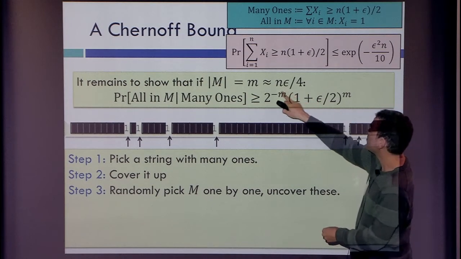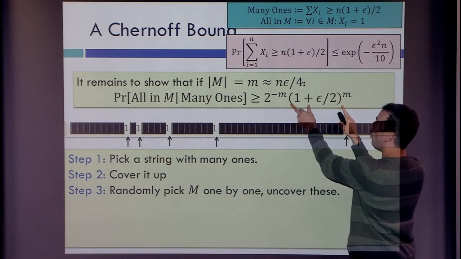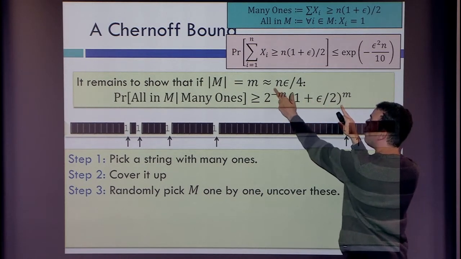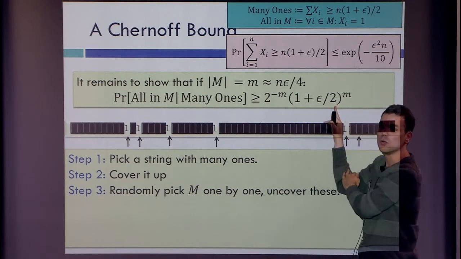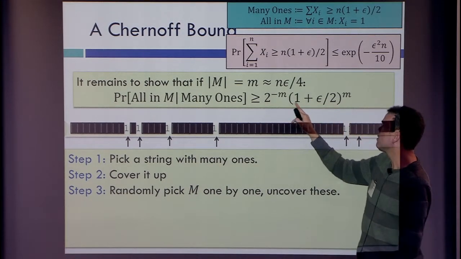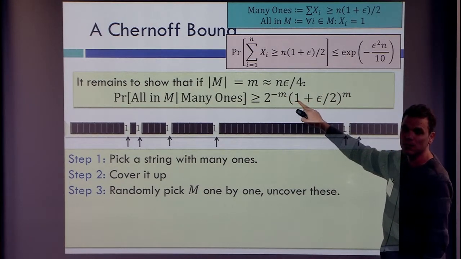Okay, and I picked the parameters so that in the beginning the probability of uncovering a 1 is (1 plus epsilon) over 2, but we only uncover as many so that it goes down to (1 plus epsilon over 2) over 2. Okay, so it starts at (1 plus epsilon) over 2, but then it goes down slowly, and we stop once it's at (1 plus epsilon over 2) over 2.